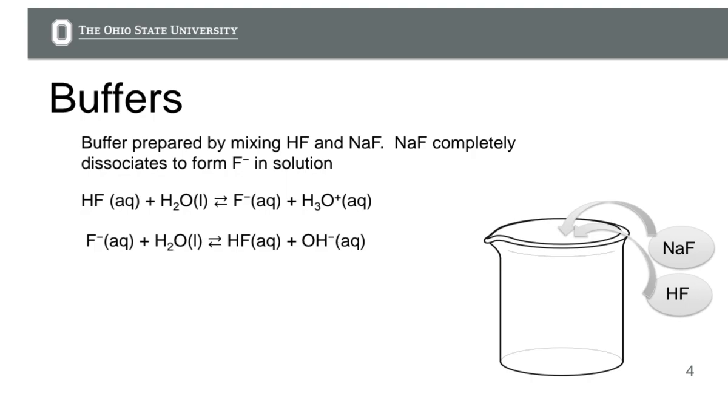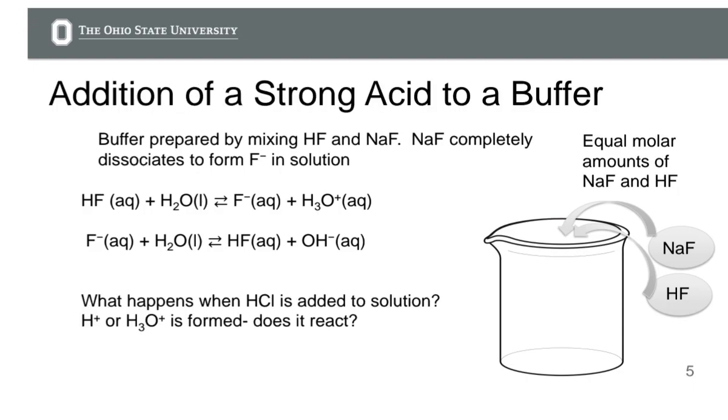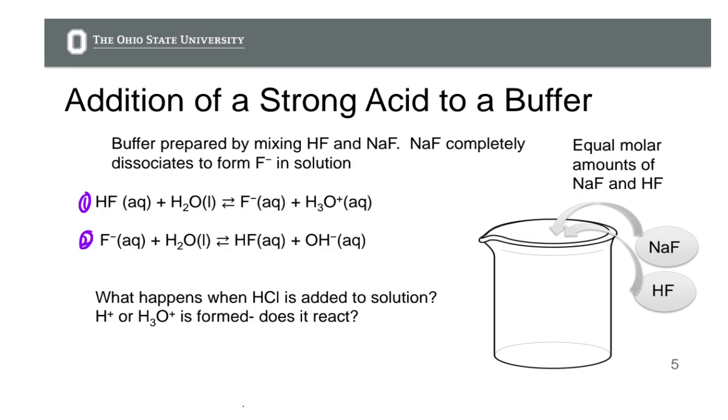So let's take our HF and sodium fluoride example. We put that into solution. Let's say we add equal molar amounts of NaF and HF. Taking a look at these two equilibria, 1 and 2.